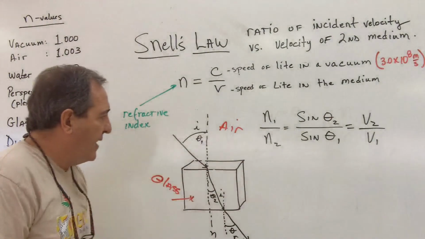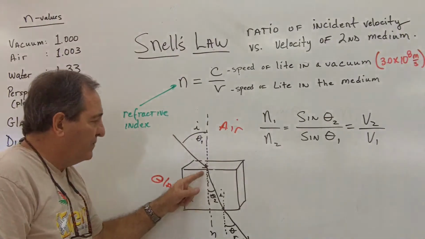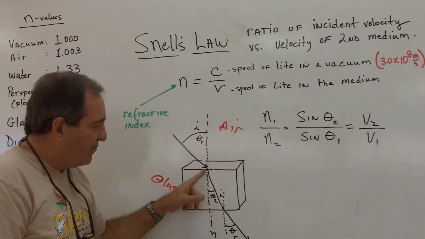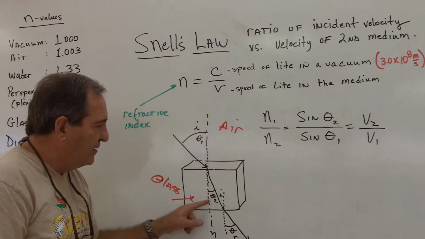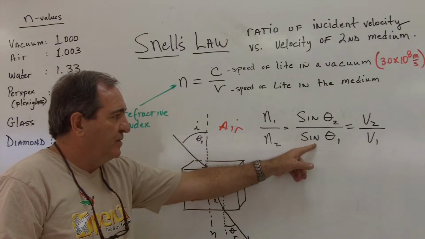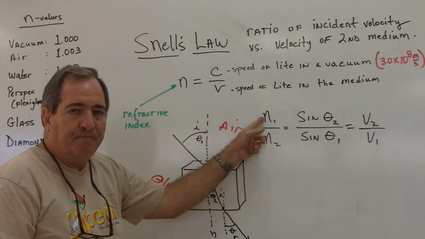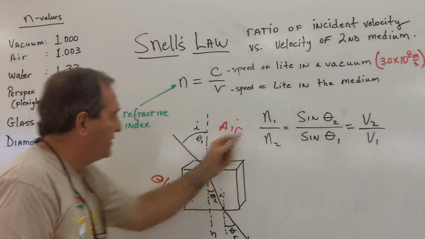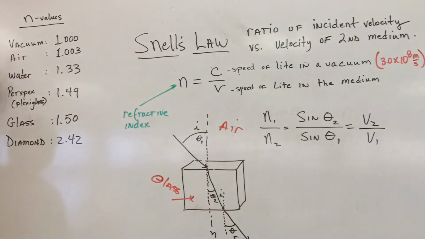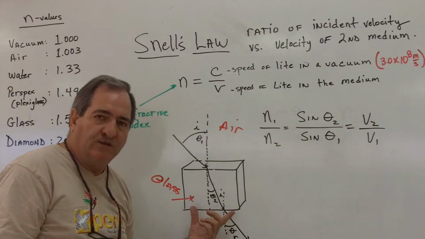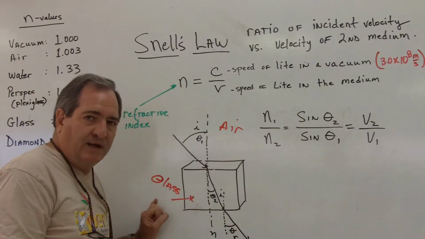1. Now, when we find out the angle that is refracted, the bent angle from the normal once again, that is theta 2. So if we know what the first medium's refractive index is, such as air, we can find the refractive index of whatever that translucent surface is, such as glass.